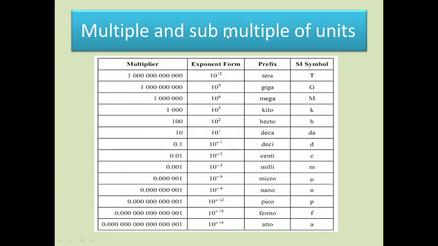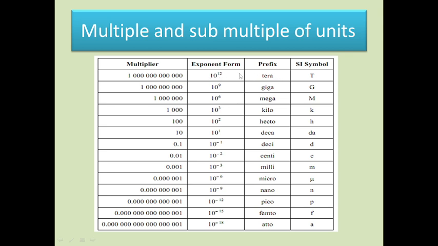Now multiple and submultiple units. If we write in terms of 10 to the power, plus or minus, we have the exponent form here, the multiplier in this column, and the prefix in this column, with its symbol.